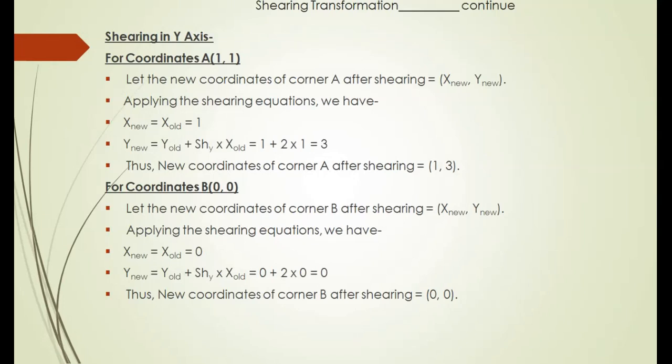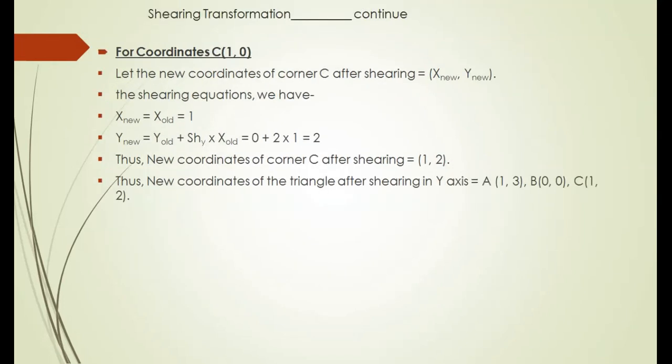For coordinate B, that is (0, 0), we put it in the formula: x new is equal to x old, which is 0, and y dash is equal to 0. Thus the new coordinate for shearing in the y-axis for B is (0, 0). For coordinate C, the old coordinate is (1, 0).